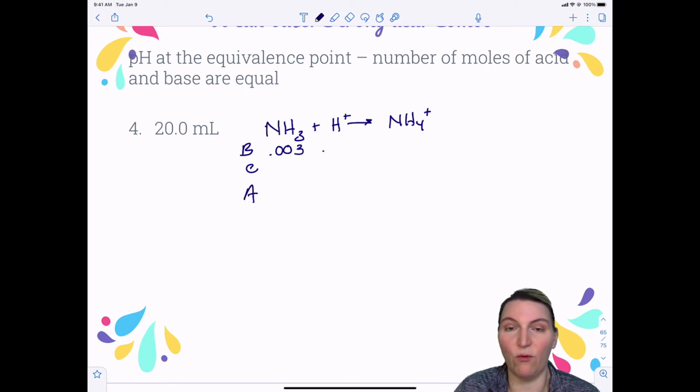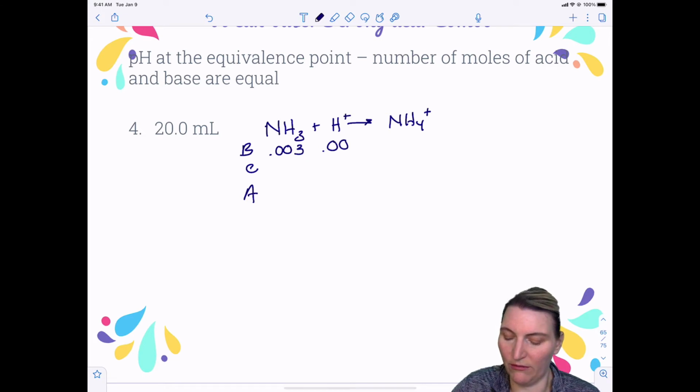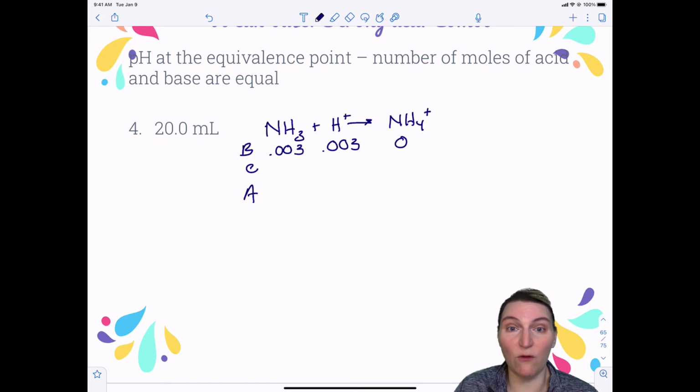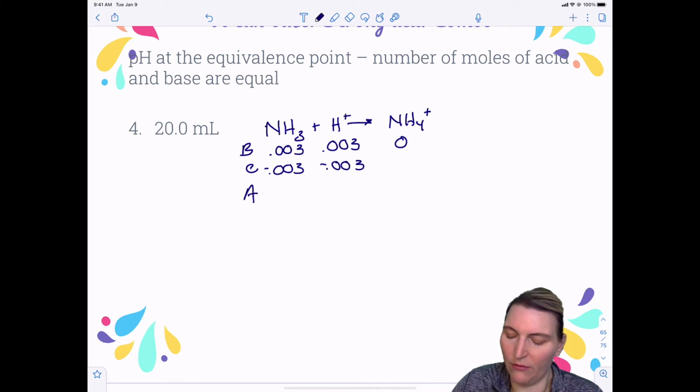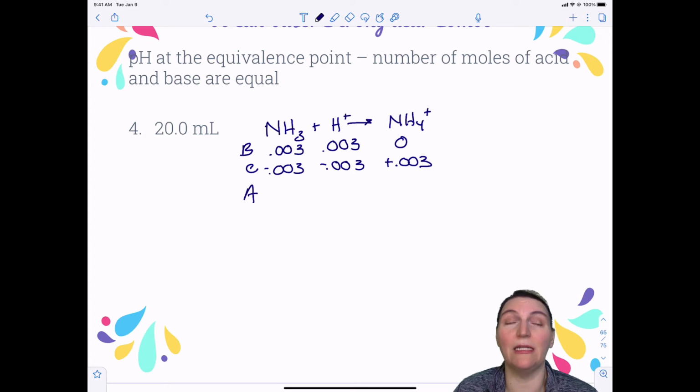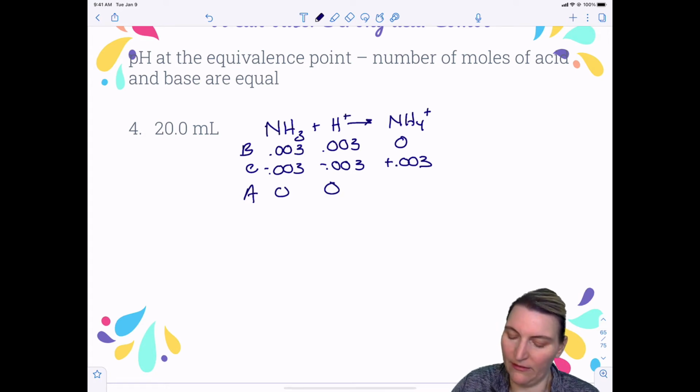And of course, if we're at the equivalence point, it would be 0.003 moles of acid that we have added. And of course, the weak base is all consumed, so minus 0.003, minus 0.003. And the conjugate acid NH4 plus is up by 0.003. And that's moles.